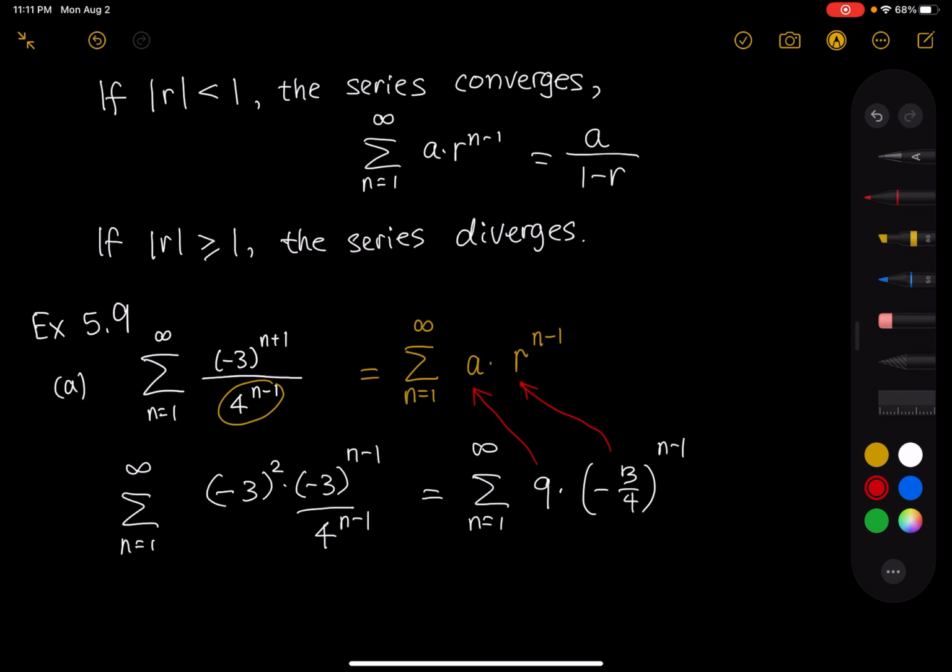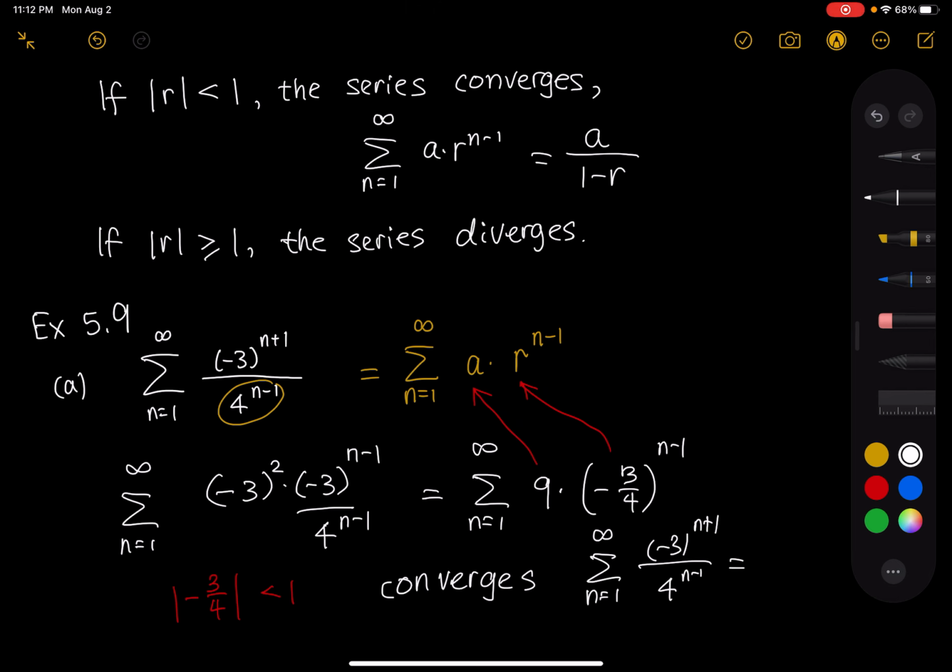We don't care about what a is anyway. We care about what r is. The absolute value of negative 3 over 4, the absolute value of r, is less than 1. So we say this series converges.